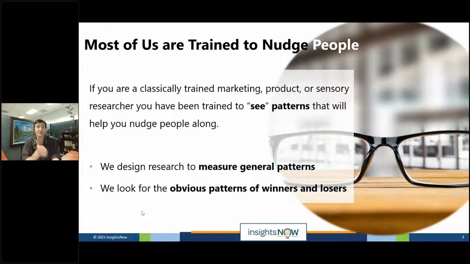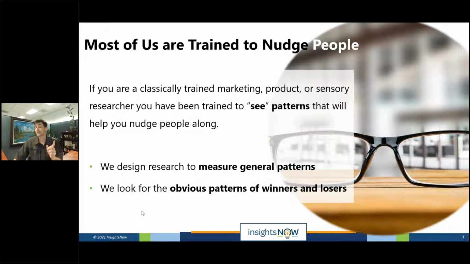I don't remember the exact score, but it was a negative mean score on a liking scale. And you would have thought, wow, this product shouldn't be successful on the market if it gets such a terrible score. But context, understanding who you are really disrupting in this space versus who you are trying to nudge along, those are different questions, and traditional scale-based questions really don't get at some of those answers.